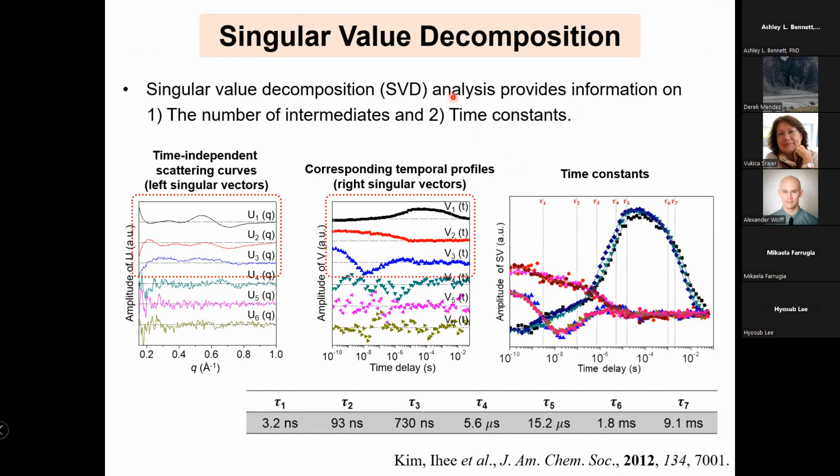When determining these possible candidate kinetic models or performing other analysis, SVD analysis can be considered almost essential. This SVD analysis decomposes the data into two different components. One is the time-independent scattering curves, which are also called left singular vectors, also referred to as LSVs.